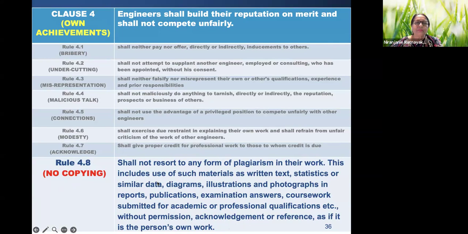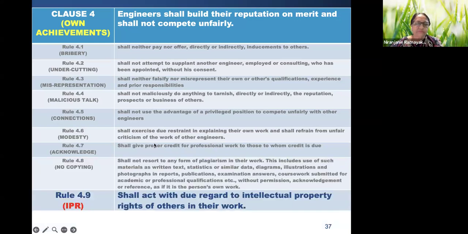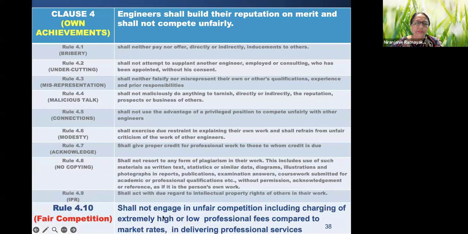So that is about competing with your own merit. Then the last one, I think, is: shall act with due regard to intellectual property rights of others in their work, right? You should not be stealing the intellectual property. Oh, that's another one.